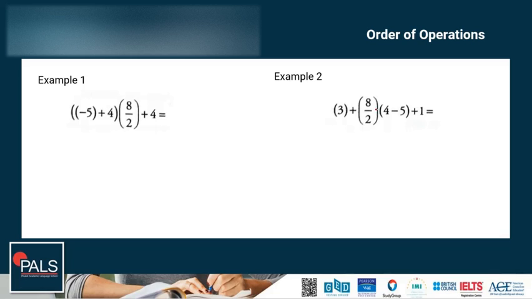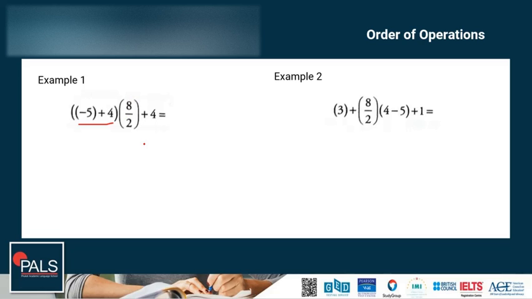So the operation inside the parentheses, we have -5 plus 4. And we can also work out the other operation enclosed by the next parenthesis, which is 8 over 2, or 8 divided by 2, plus 4.